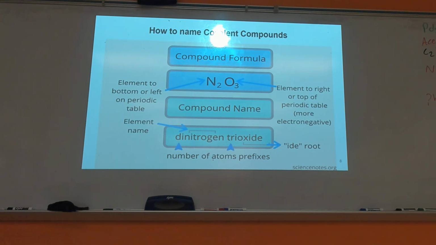Okay, so the idea of covalent naming, going back to that slide I showed you just a second ago, is if the first element is not a metal, that is whenever you do covalent naming. The first element is going to be a non-metal, and the one that goes first is the one that is closer to the bottom left of the periodic table.